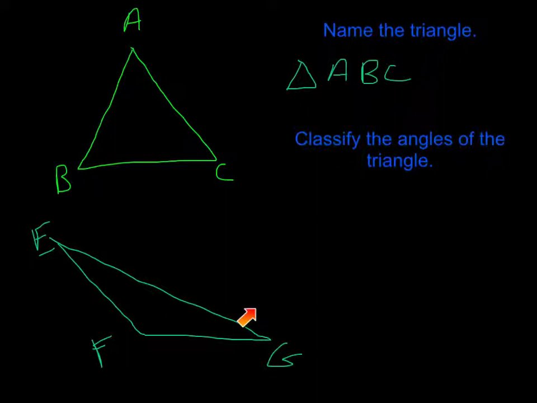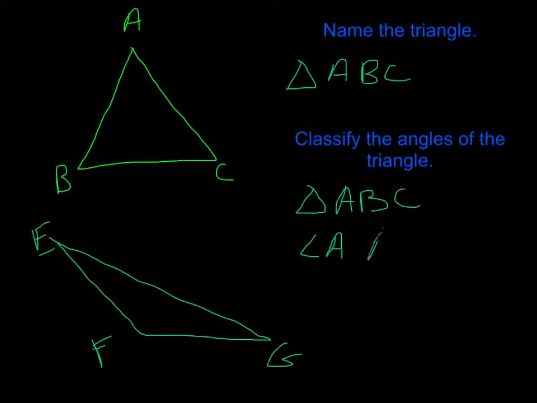We're going to classify the angles of triangle ABC. So once again, I'm going to write the triangle name here, ABC, and we're going to classify the angles here. I'm going to call angle A, that is going to be this angle right here. I am going to say that angle A is an acute angle.